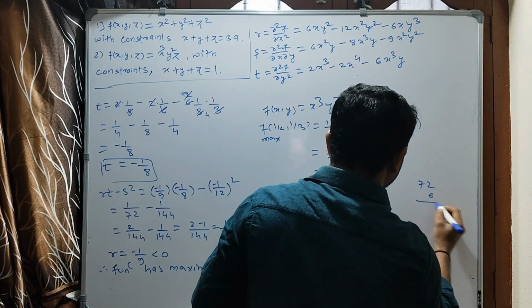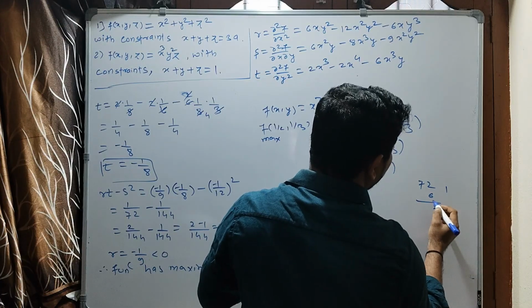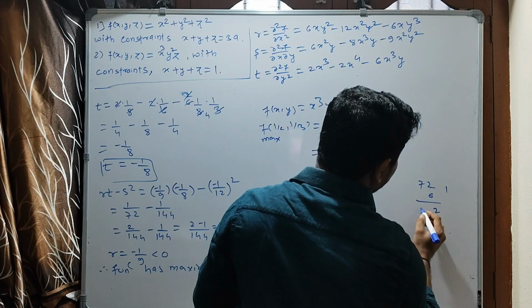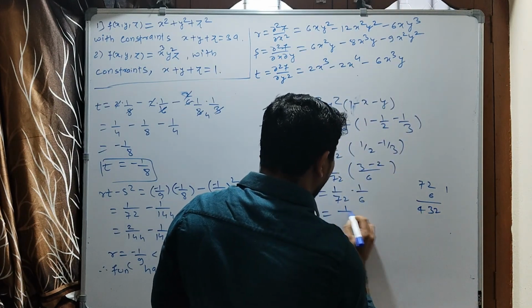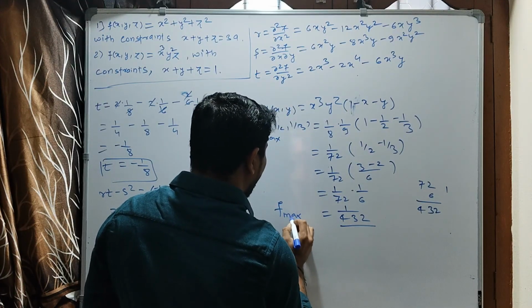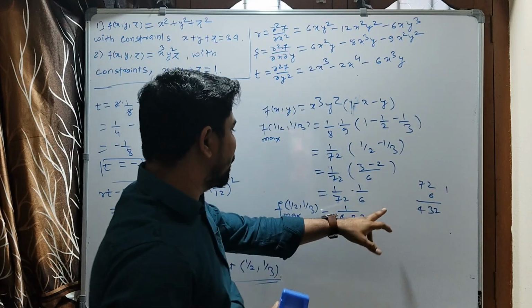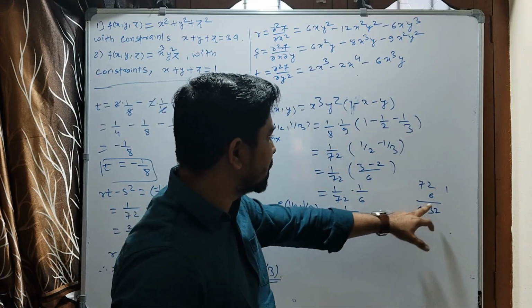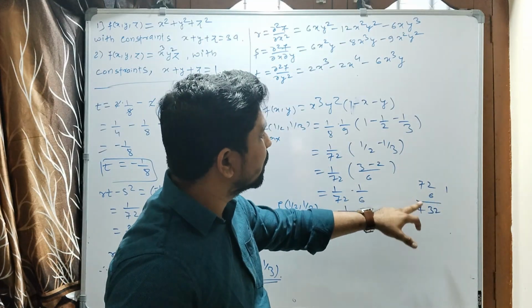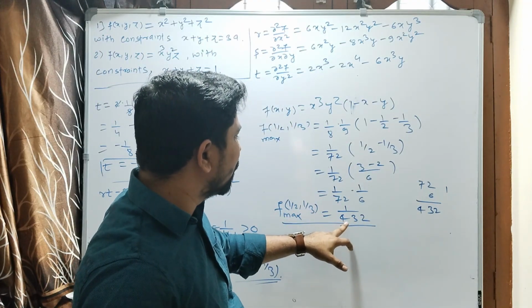Therefore 72 into 6, 6 2s are 12, 6 into 7 is 42 plus 1, so 432.